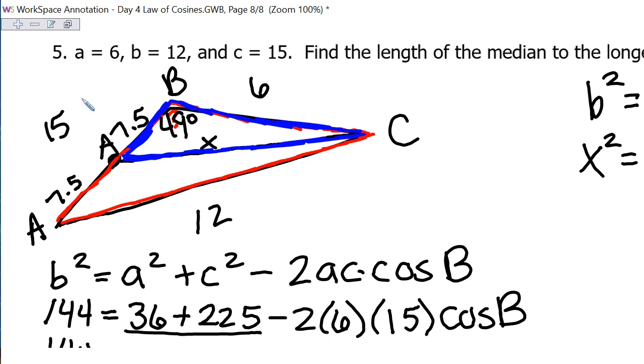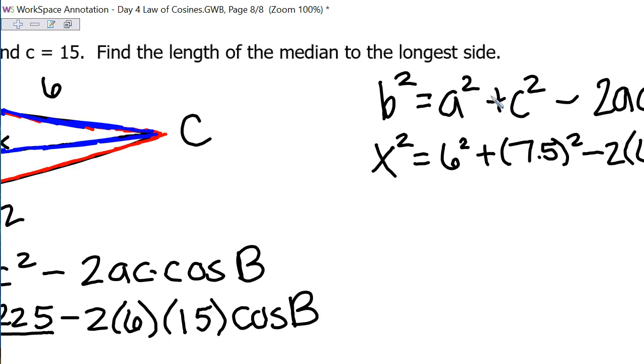And what is side A? 6, so that would be 6 squared. Plus, what is side C on that small triangle? 7.5 squared minus 2 times 6 times 7.5 times the cosine of angle B, and we said that was 49 degrees.